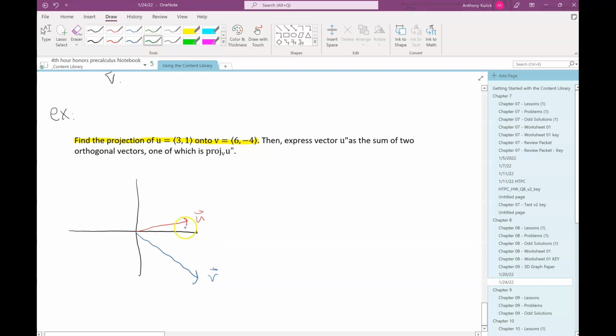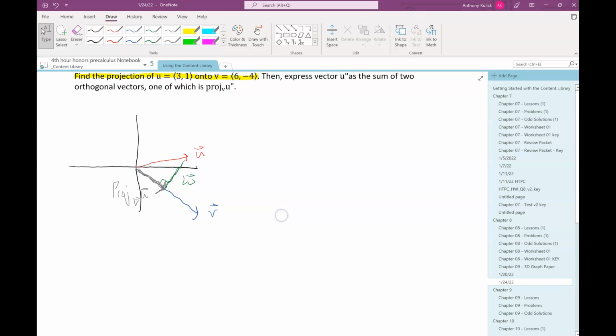So what we're looking for then is this guy, my w, and this piece is the projection of u onto v. Everybody okay with the picture that I've drawn here? Again, I think it helps develop a little bit of intuition, although not necessary.